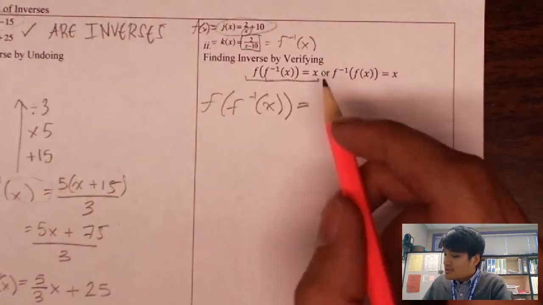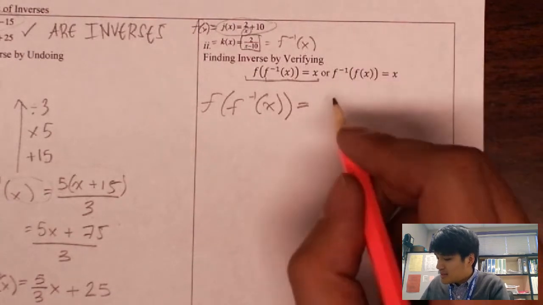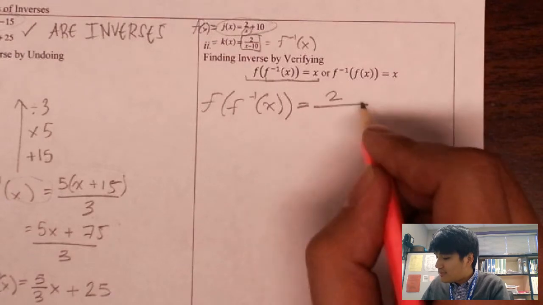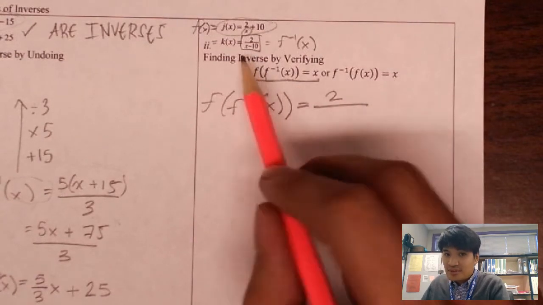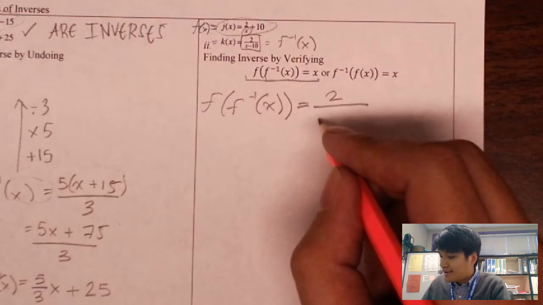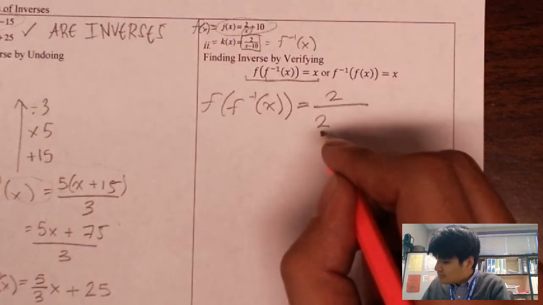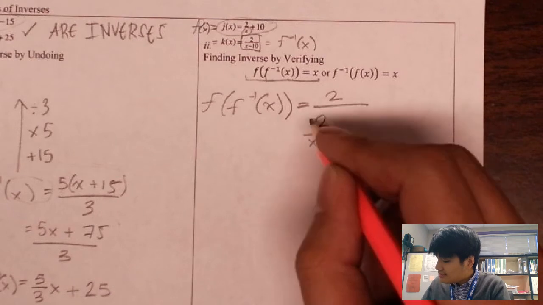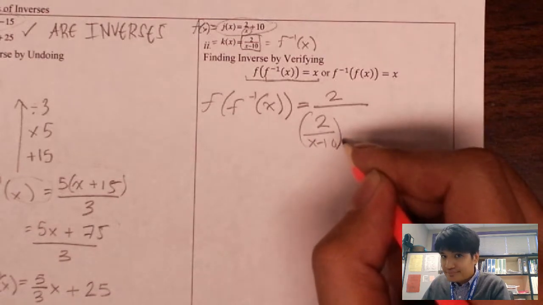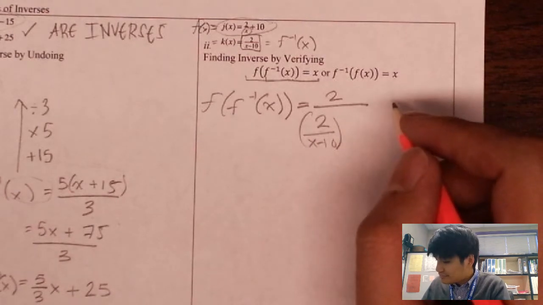Let's plug it in. So I get 2 divided by f inverse of x, so we get 2 over x minus 10 over 2, plus 10.